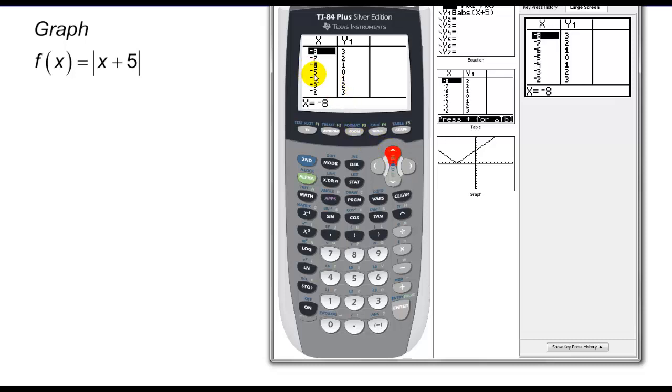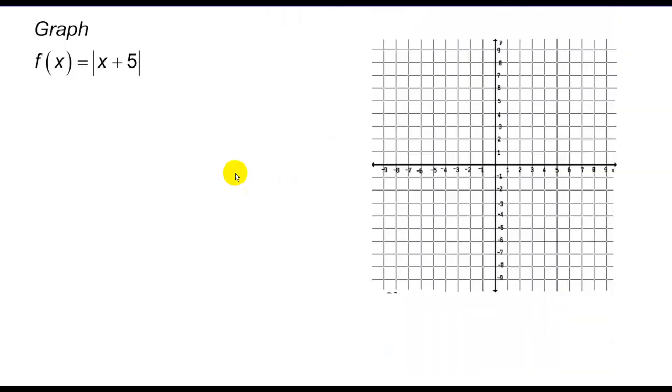And you'll notice that when I move over 1, I've gone up 1. When I move over 2, I've gone up 2. And when I move over 3, I've gone up 3. Likewise, on the other side, move over 1, up 1, over 2, up 2, over 3, up 3. And if I graph that now, let's pop these points in.